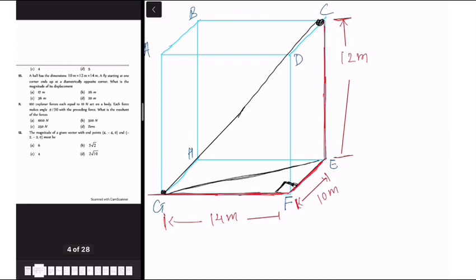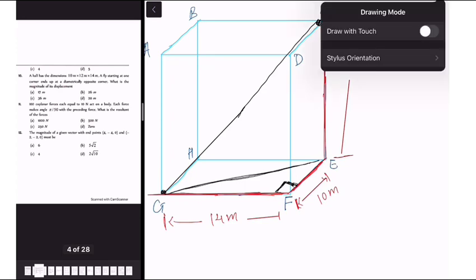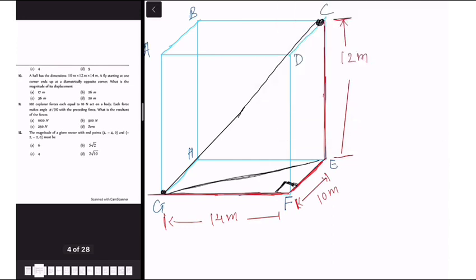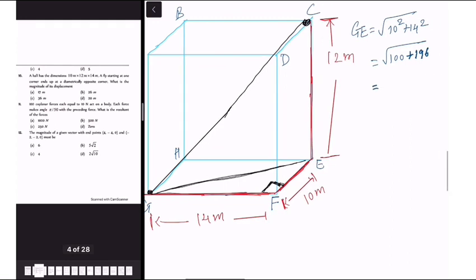The length of GE is under root 10 square plus 14 square. 10 square is 100 and 14 square is 196. So the length is root 296. Okay, GE is root 296.